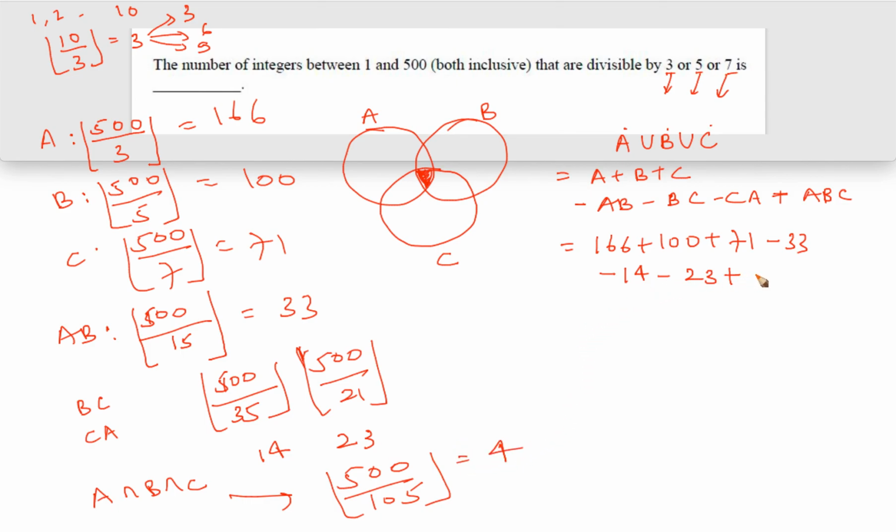Okay, so plus 4, this entire value is going to be 271. So the final answer, the number of integers which are divisible by 3 or 5 or 7, the final answer is 271. Okay.